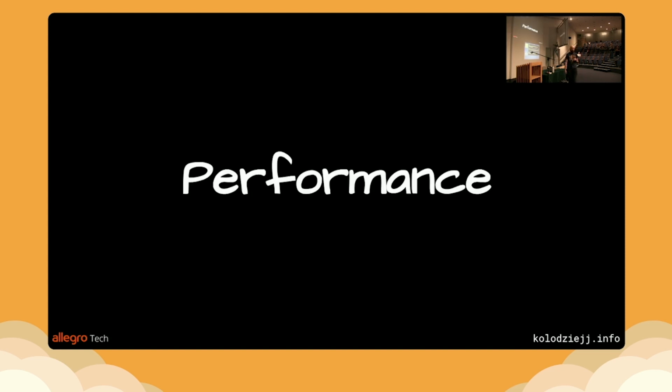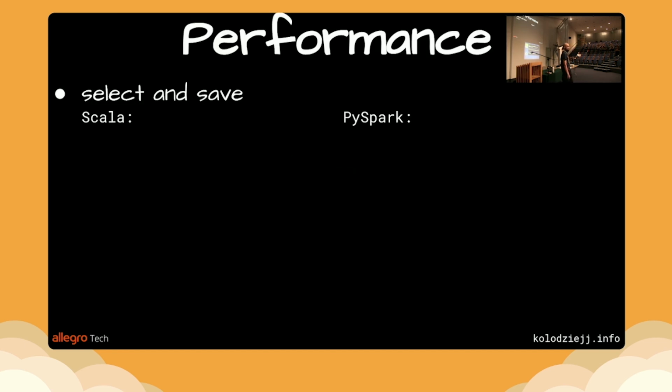And I think, last but not least, the performance. That's why we're here, right? So I performed a benchmark. I just did a simple select from one of our, let's say, bigger tables and saved it in another place. And the numbers looked like this. And why are they looking like this?